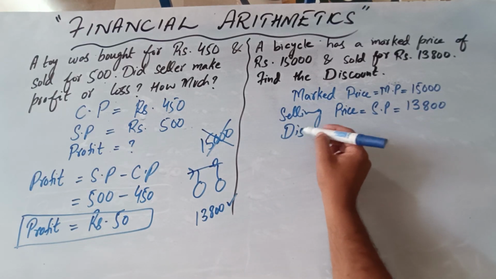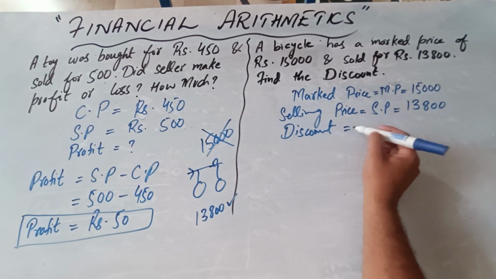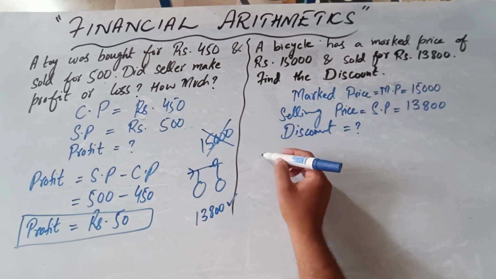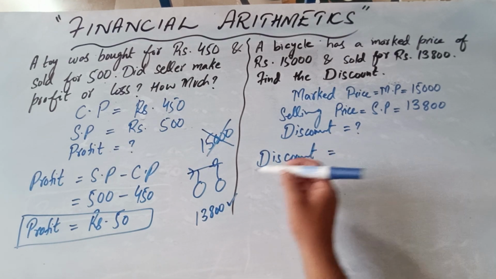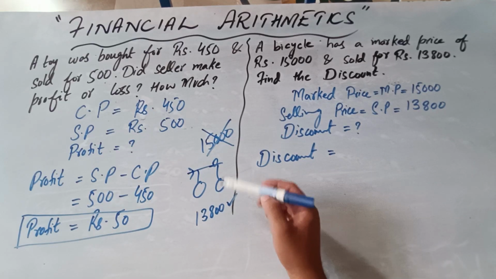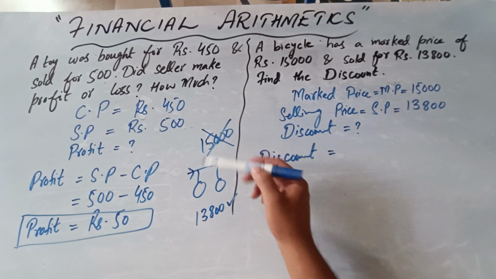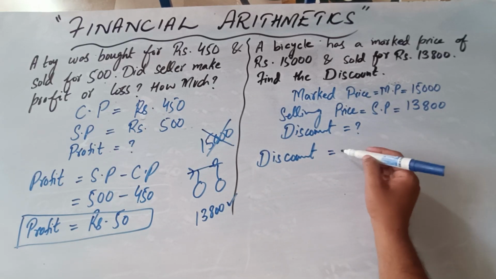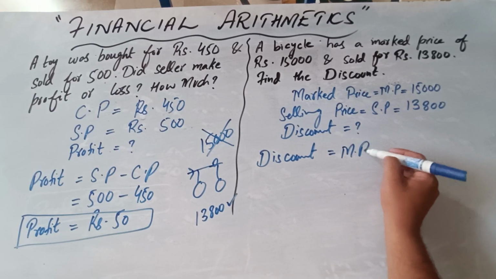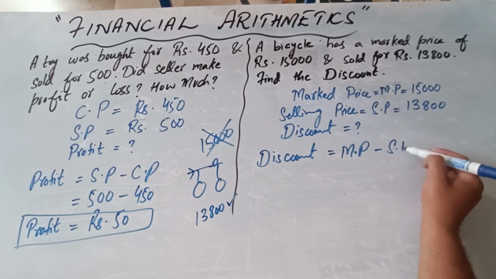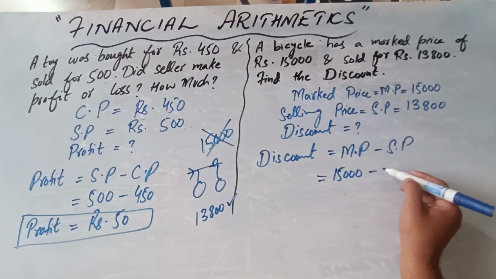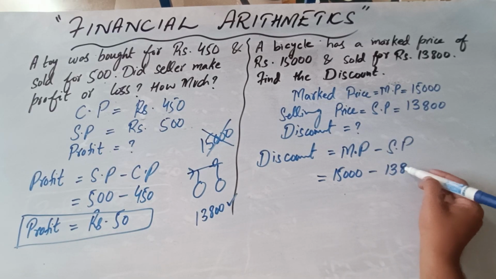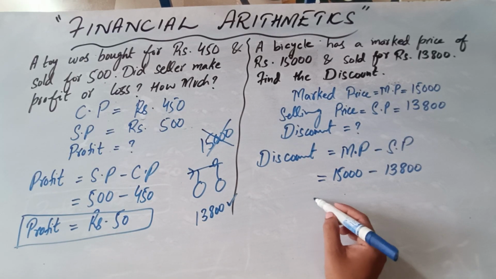So now we need to find out discount. Now how to find out discount? It means that the store is giving a discount of a few thousands. So discount is equal to marked price minus selling price. So marked price is rupees 15,000 minus 13,800.